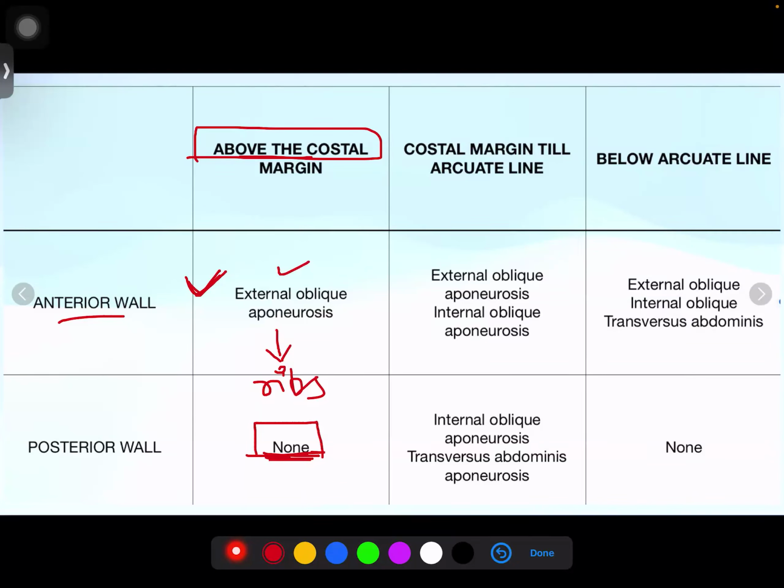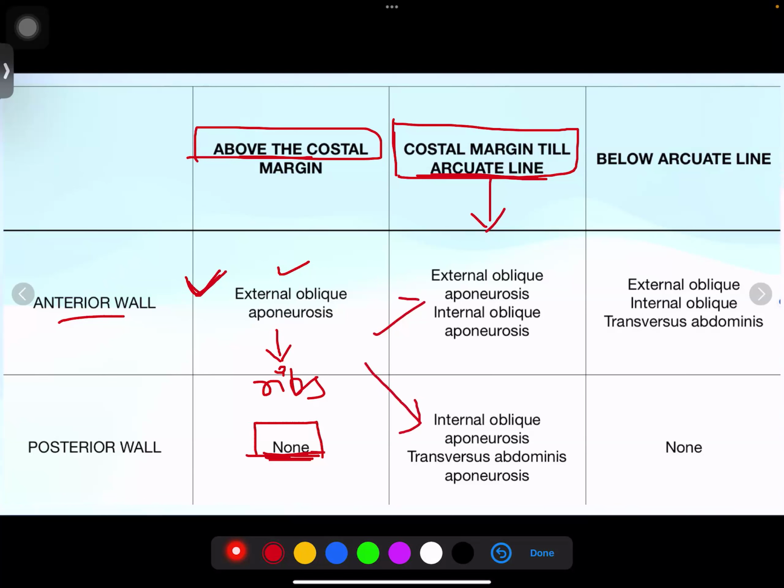And if you take the structure from the costal margin till the arcuate line, in between these the aponeurosis forms an anterior wall and also a posterior wall. The posterior wall is present only at this point, not above the costal margin, not below the arcuate line.